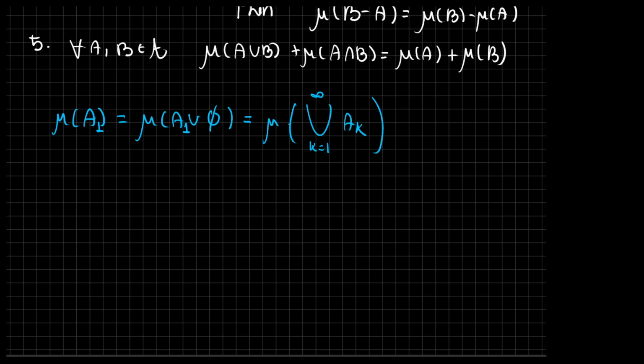So this is equal to the countable union, and this is a pairwise disjoint family, so by the property of measures, this will be equal to this. So here, perhaps, you can avoid this step, and let's just put it bluntly like this. So this is equal to this because everything else is the empty set, right?